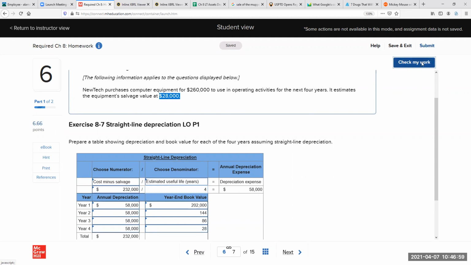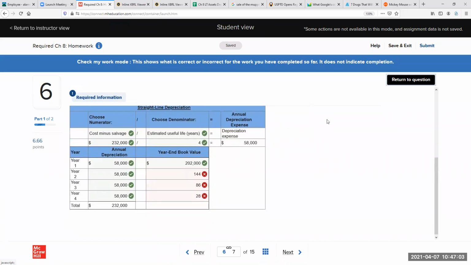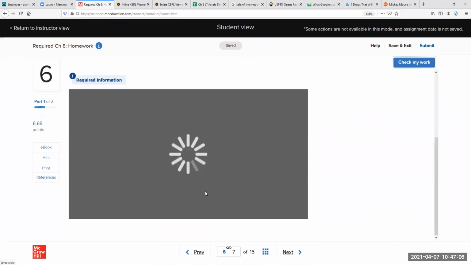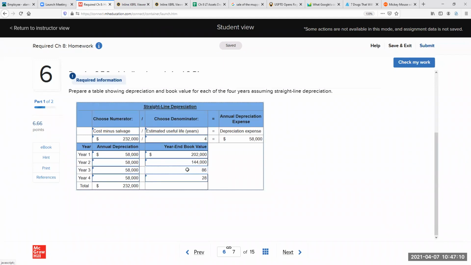There's how to get to 58. No, what did I do here? Tried to talk to y'all and forgot all my zeros. Well, remember, I'm trying to talk and calculate and enter data all at the same time. All right, let's go on to the next one.